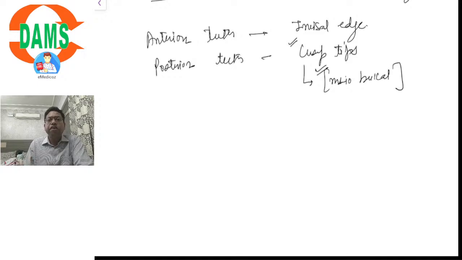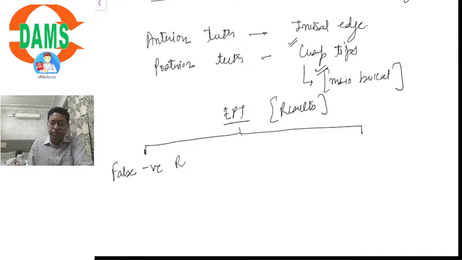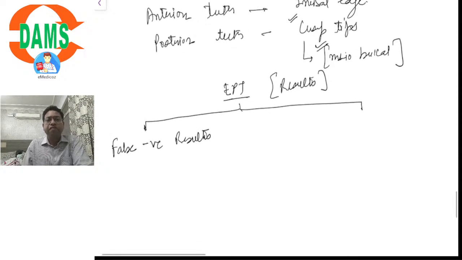Now particularly for electric pulp testing, if we talk about results, what inference we can derive, then electric pulp testing has an incidence of false negative results. There can be clinical situations where we get false negative results, or we can get false positive results.